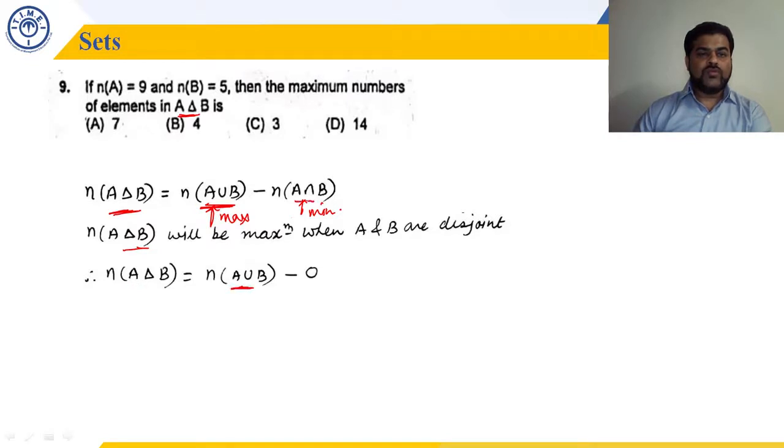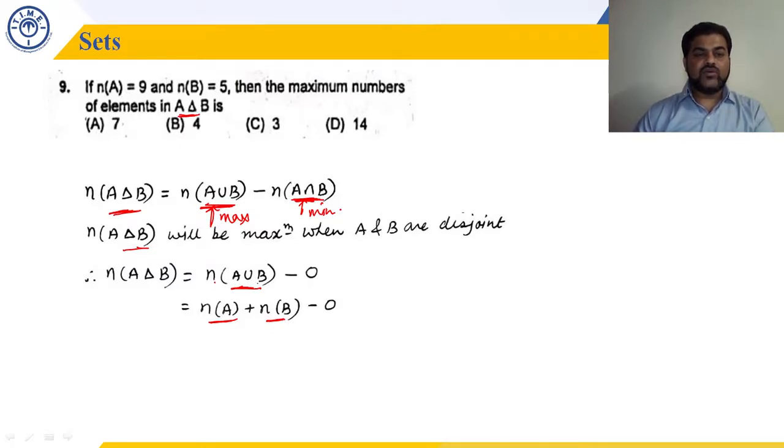What is the minimum number of elements in A intersection B? The minimum number of elements in A intersection B will be 0. If this is 0, that means there is no common element. So in that case, what is the maximum number of elements in A union B? It is nothing but the number of elements in A plus the number of elements in B. We have just learned that property in the last slide.